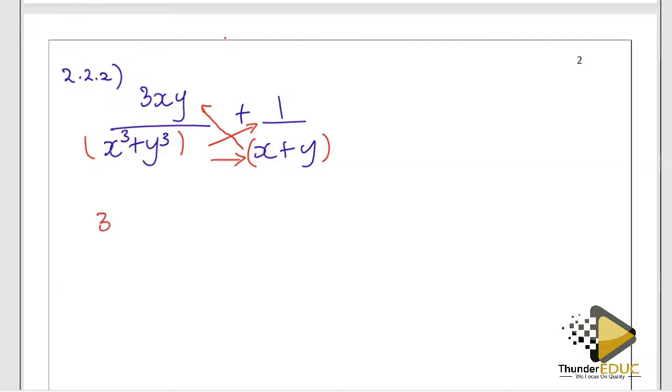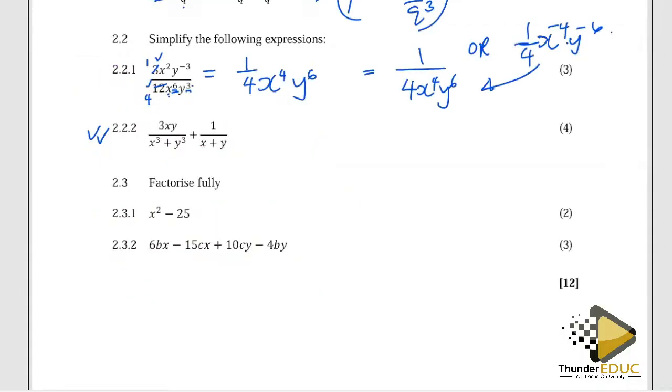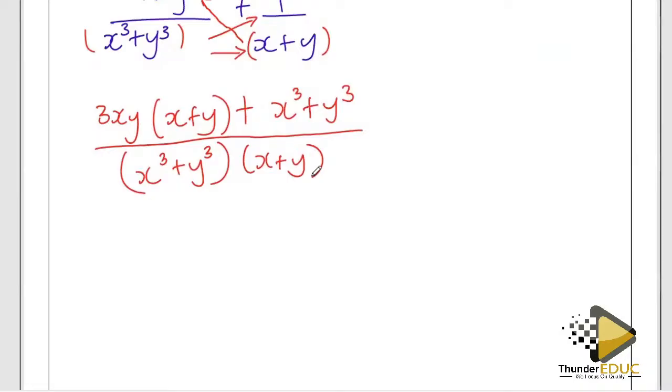So that's going to be 3xy into x plus y, plus x cubed plus y cubed, over x cubed plus y cubed into x plus y, just the multiplication. How many marks? It's 4 marks, no? Then from there, all I'll need to do is expand or factorize this.